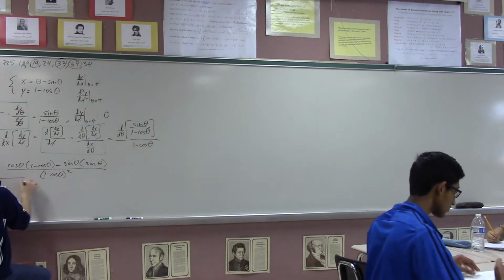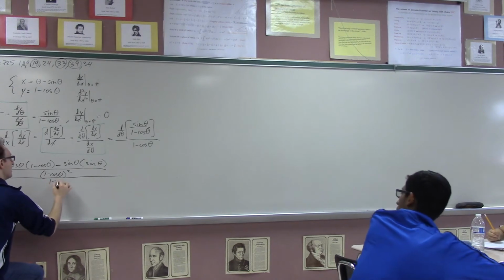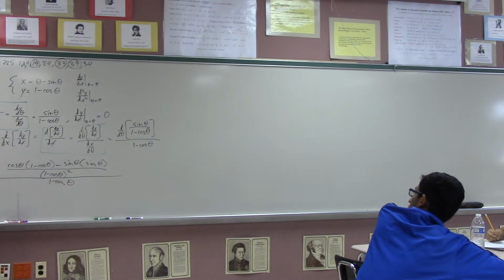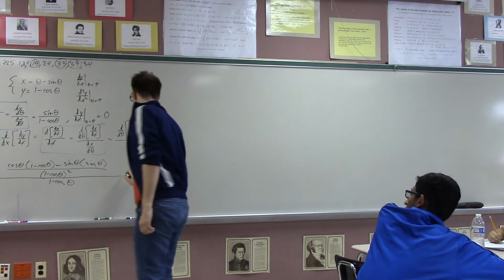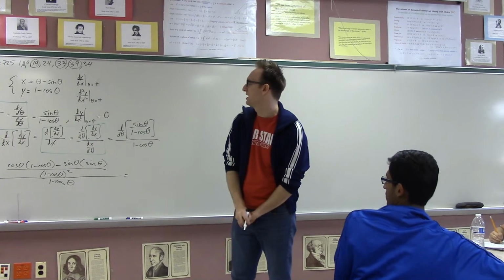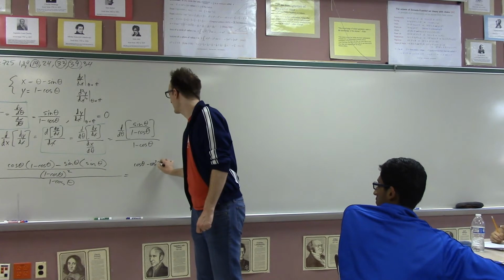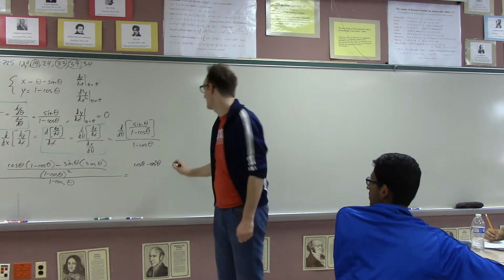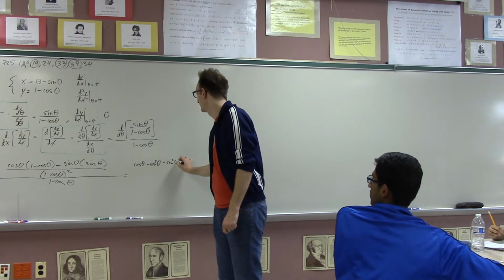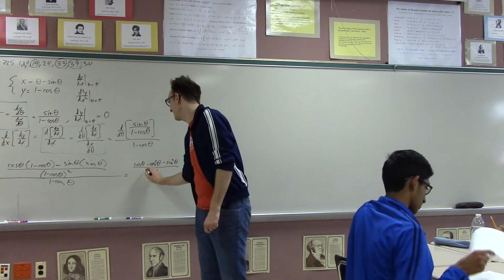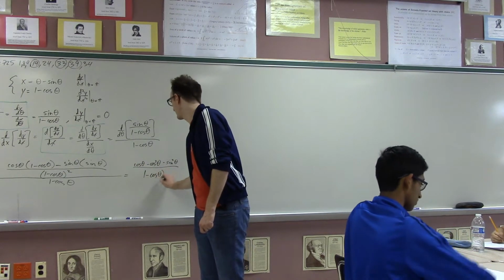But really that's all over another 1 minus cosine theta. I think this numerator simplifies nicely because it's cosine theta minus cosine squared theta, minus sine squared theta, over 1 minus cosine theta cubed.